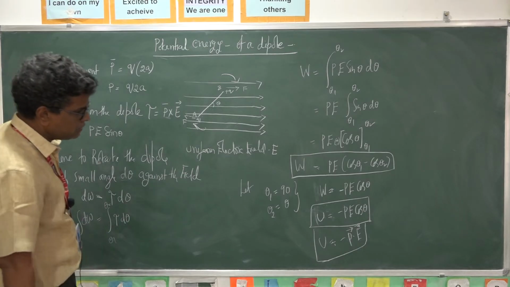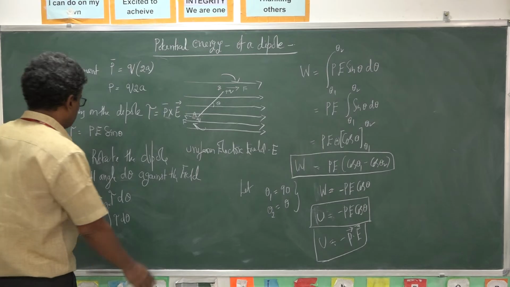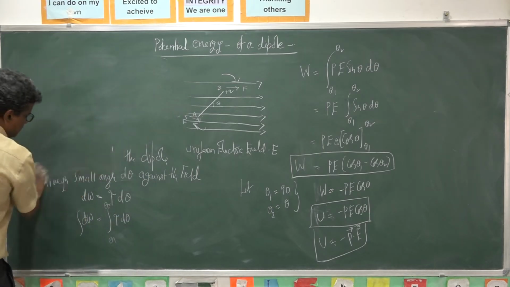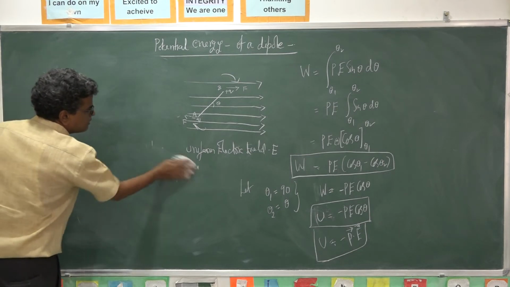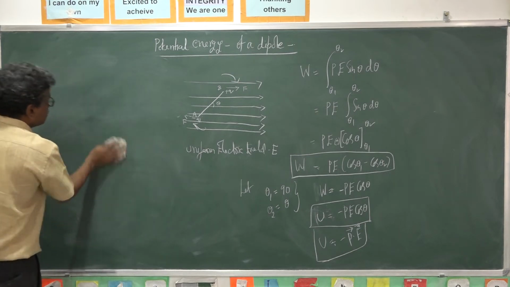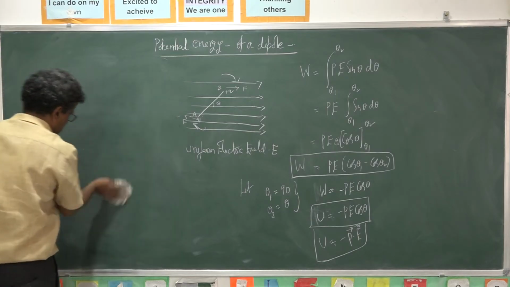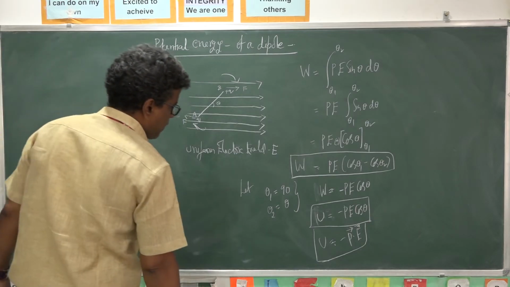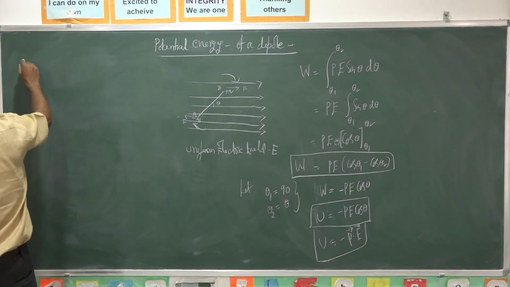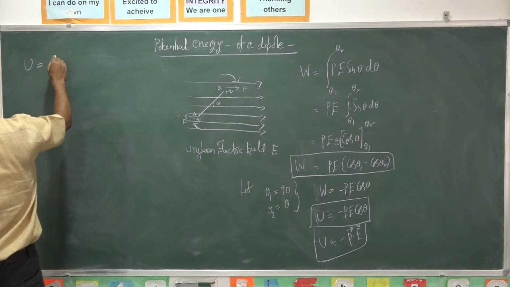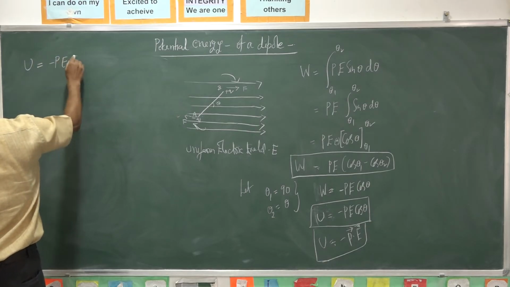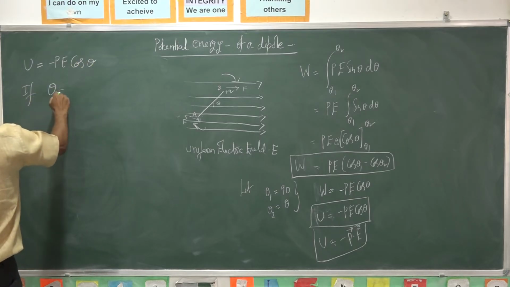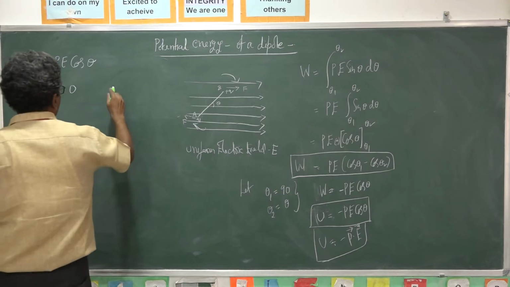Now, what are the points we can conclude here? The potential energy is minus PE cos theta. If theta is equal to 0, what does it mean?